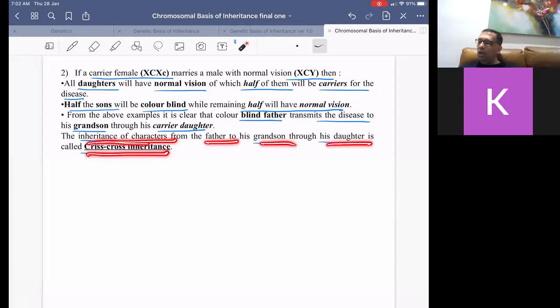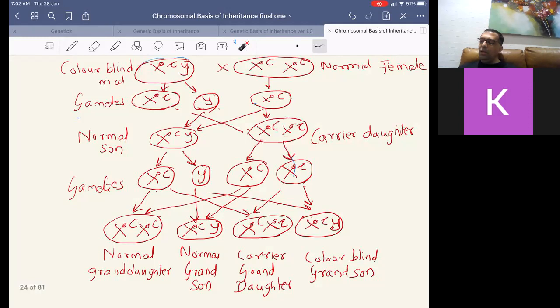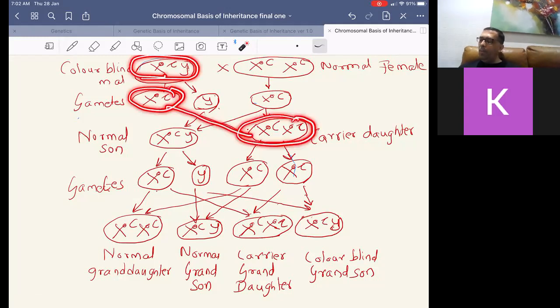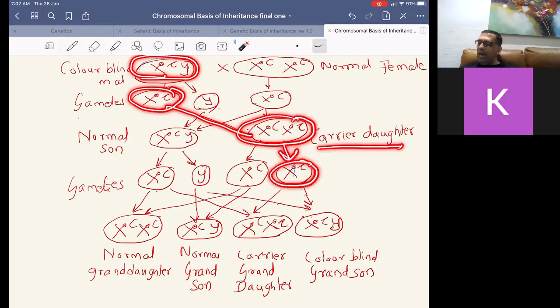Inheritance of a character from father to grandson through the daughter is called crisscross inheritance. Once again, this male was colorblind. He passed his gamete to the daughter who becomes a carrier, and the daughter who is a carrier has passed the colorblind gene to the son who becomes colorblind.